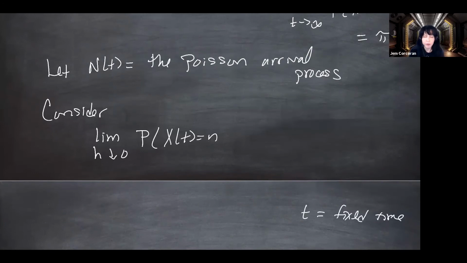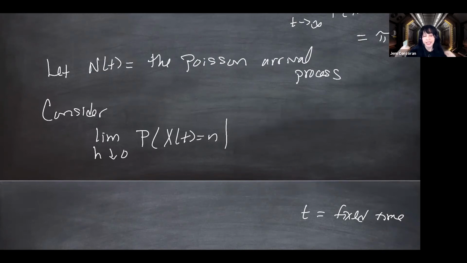And I'm looking at the probability that the number of customers in the system is equal to n. And I'm going to look at it just before an arrival. So someone's walking in to get in line, and what they see in front of them is a number of people. And the probability that they see n people, I'm claiming, is still pi sub n. So the Poisson arrivals see the stationary behavior.